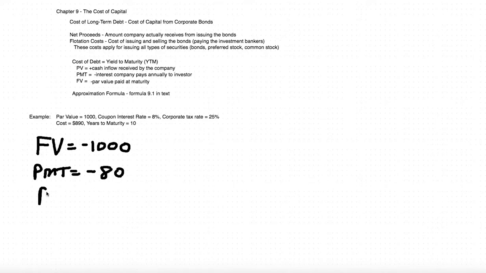We have a present value of $890. And we have finally our n, or number of years, equal to 10. And what we're going to compute for is I in order to find the yield to maturity. So we're computing for I.